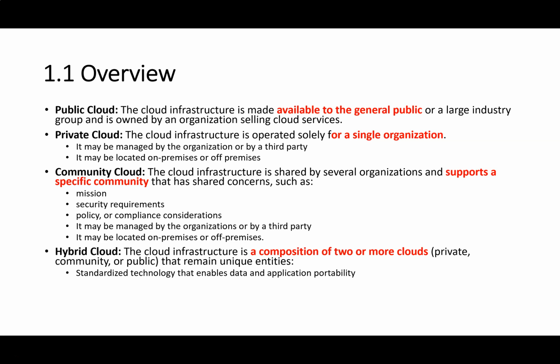There might be, for example, federal agencies that use a community cloud. Hybrid cloud is a composition of two or more public, community, or private clouds, just a combination of resources that are made available and portable through the cloud.